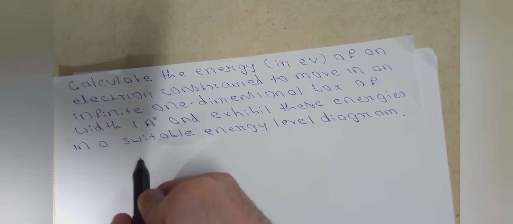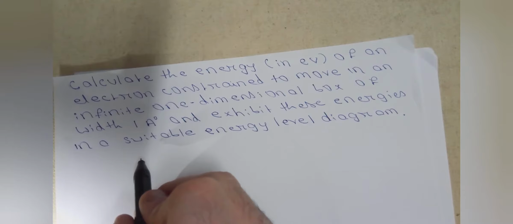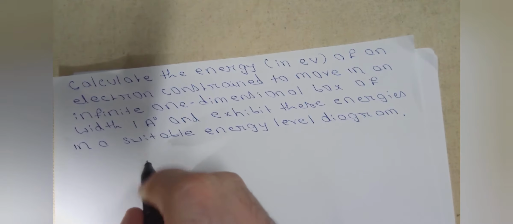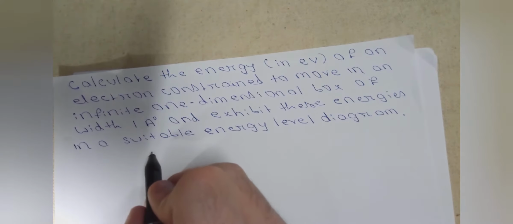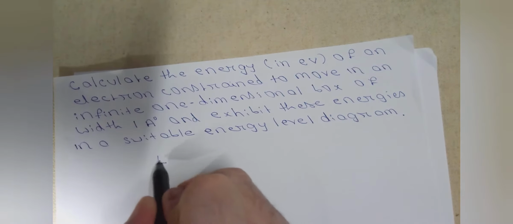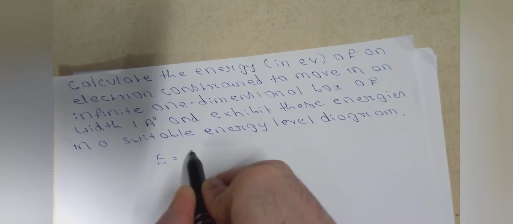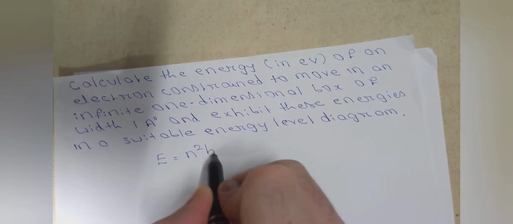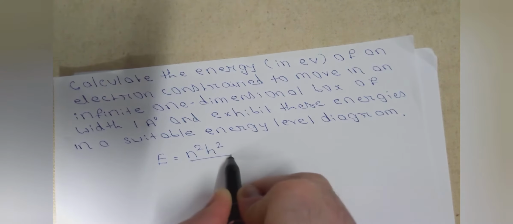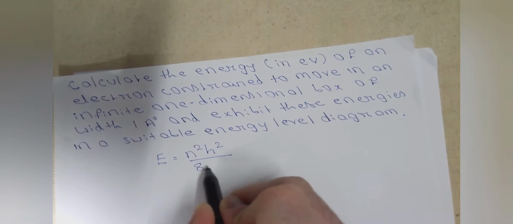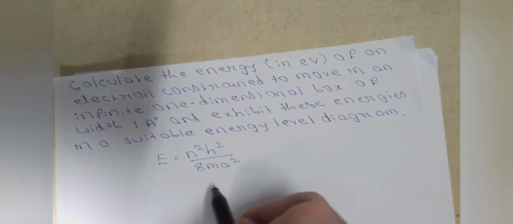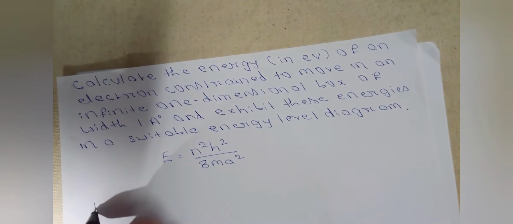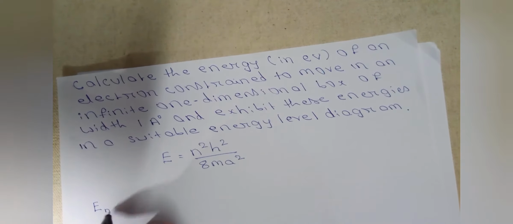So from the derivation of particle in a one-dimensional box, we know that the energy of a particle in a one-dimensional box is given as E is equal to n square h square divided by 8 m a square. And now we will try to substitute the values.